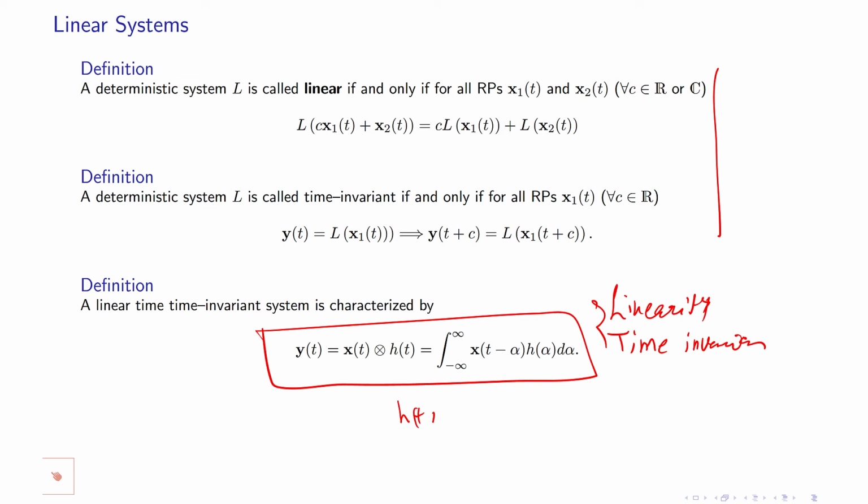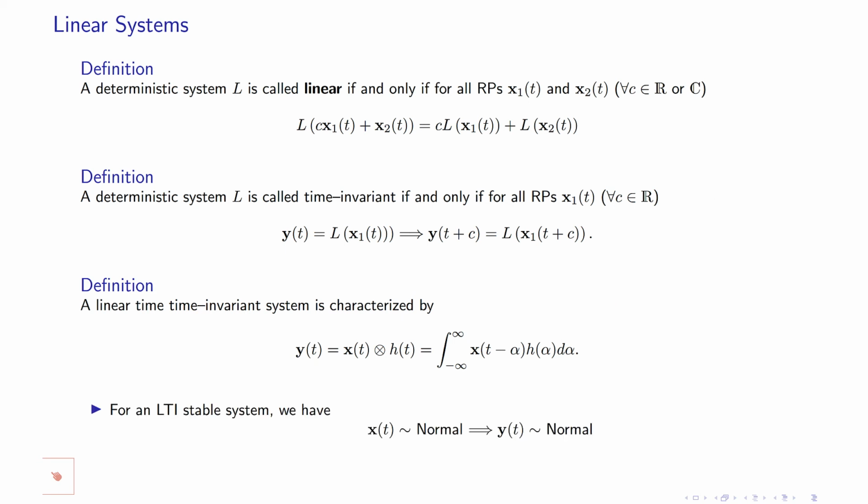This is an interesting property which we use in order to characterize, if h(t) is deterministic and x(t) is a stochastic process, we could fully characterize the output, or the autocorrelation of the output, input, or any other moments or distribution of x(t), y(t), joint distribution, and so on.